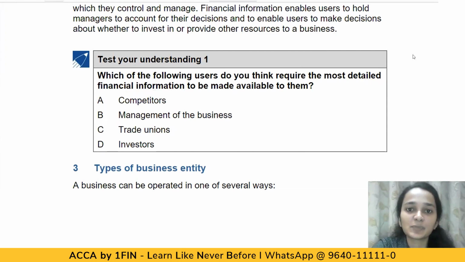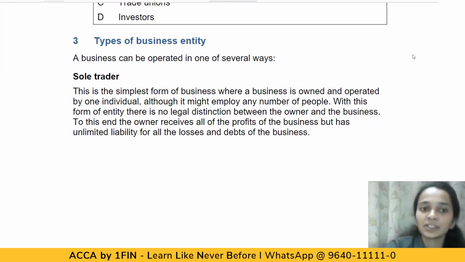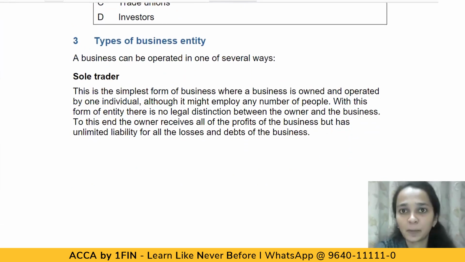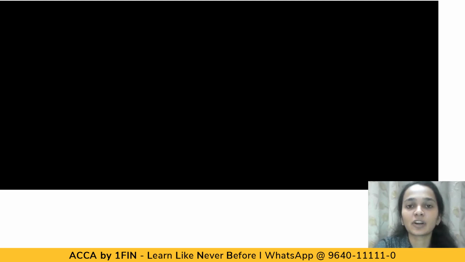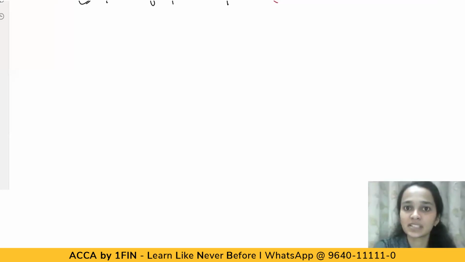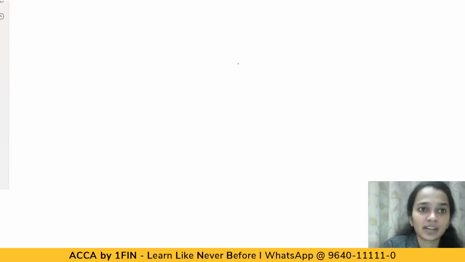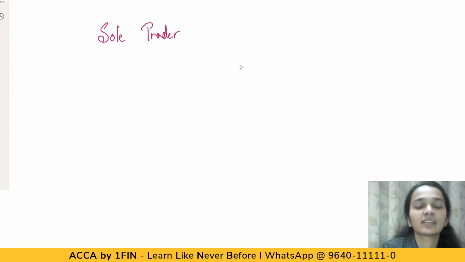Now let's move on to another topic, and here we'll discuss types of business entity. There are basically three types of business entities which we will talk about right now. First one is a sole trader. Now, a sole trader is basically a single person who's running a business.